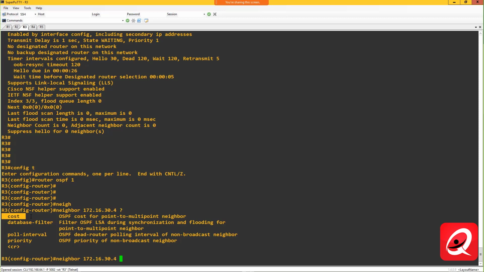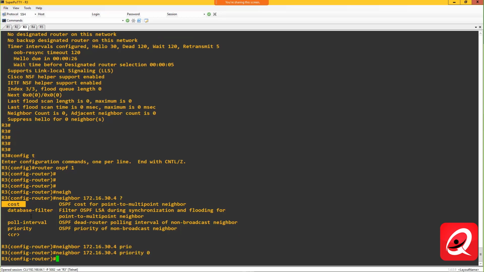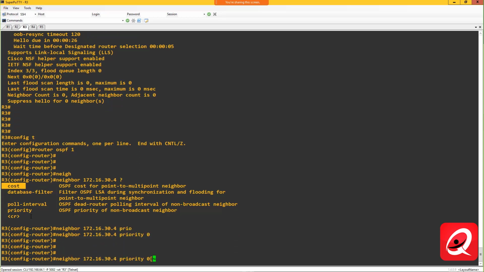Because the cost is based on bandwidth, and the bandwidth is normally based on the physical speed of the interface, versus in Frame Relay, where bandwidth is typically based on something called the committed information rate of the PVC, the virtual circuit that connects the two peers. So you could specify the cost, but I'm going to go ahead and give that neighbor a priority of 0. And I'll do the same thing for router 5.